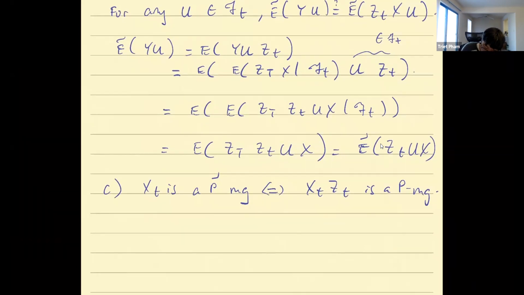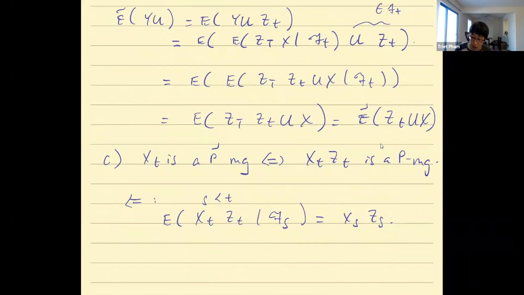So maybe let's go this way. First of all, for s less than t, what we have is expectation of xt zt given fs is equal to xs times zs. All right.